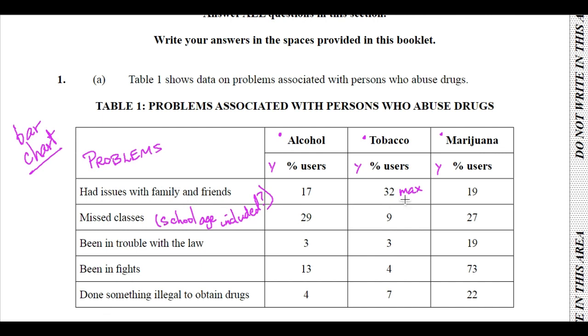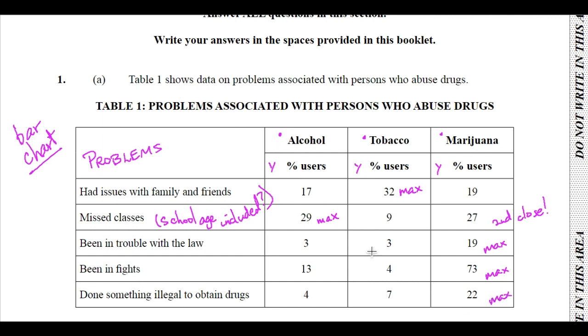We can see that alcohol is the max for missed classes, although this is a close second, but really close. And then we have in trouble with the law. This one is the max. Been in fights. This one is also the max. Illegal to obtain drugs, also the max.